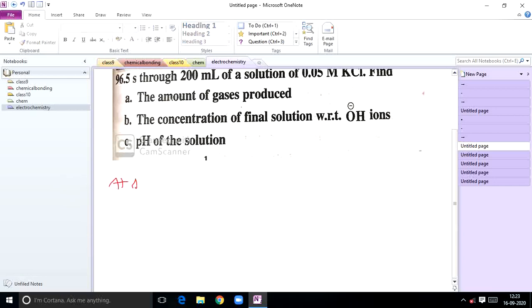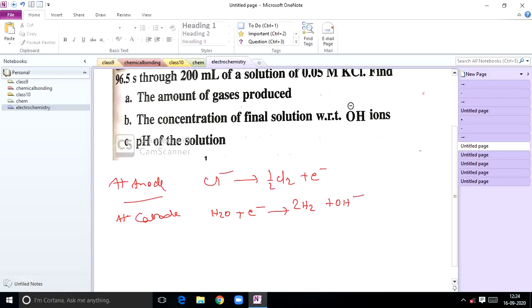At anode, Cl minus ion gives rise to half Cl2 plus electron. At cathode, H2O plus electron gives rise to half H2 plus OH minus.